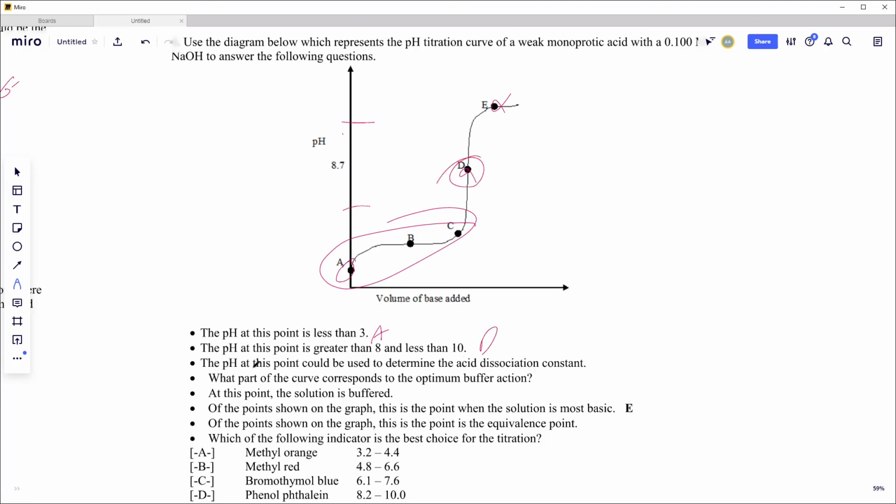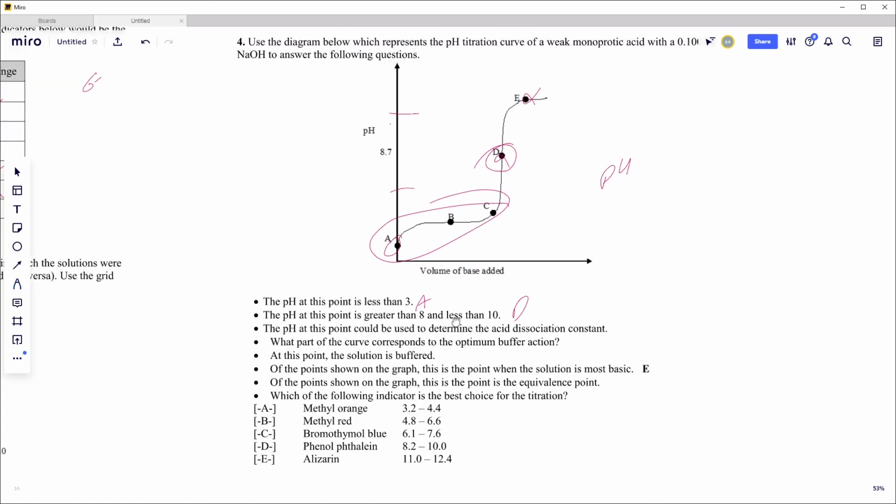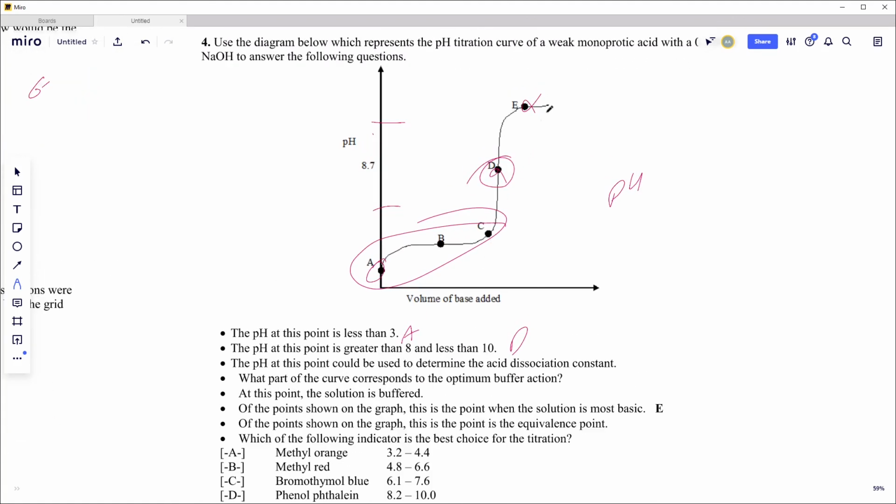The pH at this point could be used to determine the acid dissociation constant. You might think of the equivalence point, but look at this. This is a buffer. It tells you weak monoprotic acid.